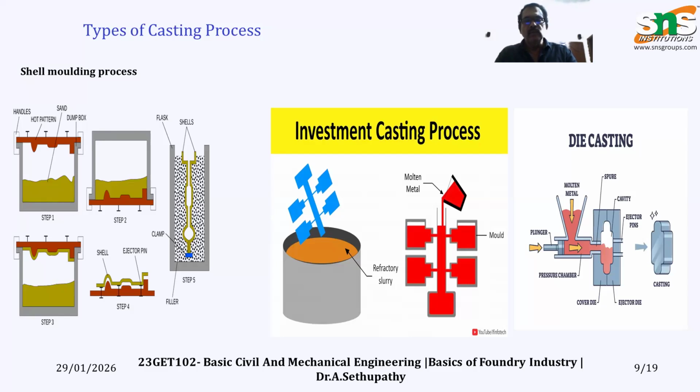Today we are going to see about the casting process and the different types of castings. In an earlier video I explained what casting is, what a pattern is, how the mold is created, how the metal is melted and poured into the mold box to get castings, the different types of patterns, and the pattern allowances.